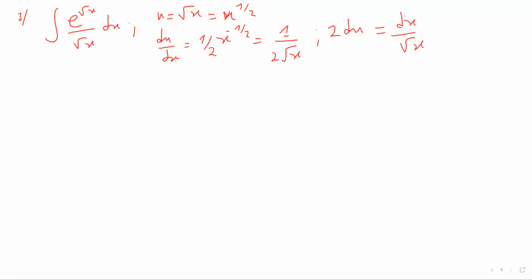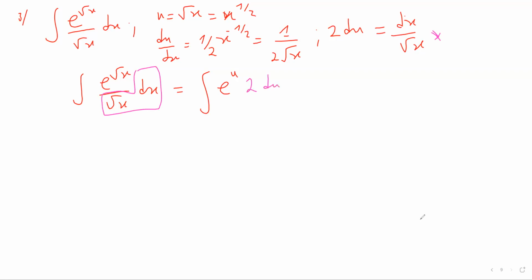Because we've written it in such a way, we are able to make direct substitutions in our integration as well. So e to the power square root of s over square root of s ds, we can now write as e to the power u, since we said square root of s was u, right? And then the other part, ds over square root of s, we know is coming from this part here, which is equal to 2 du.